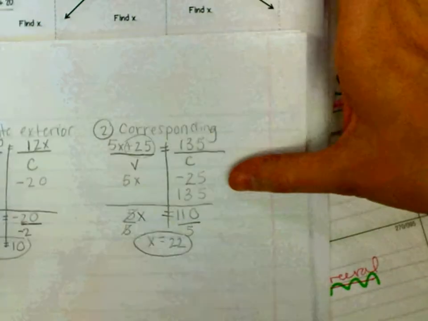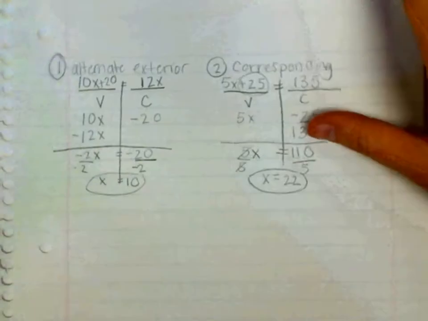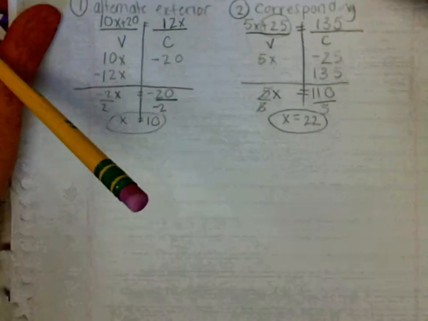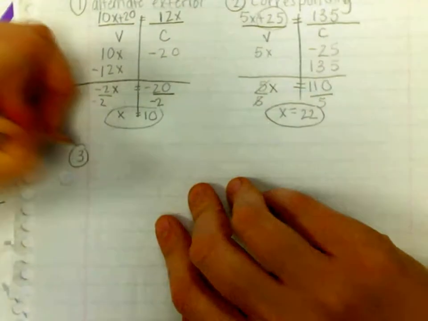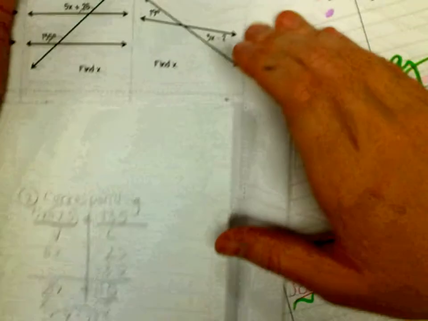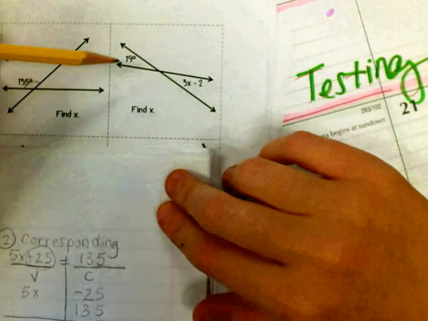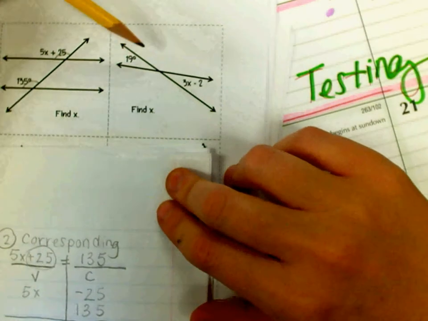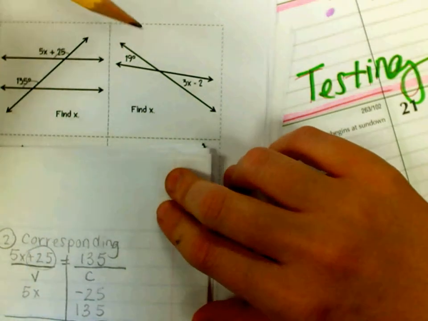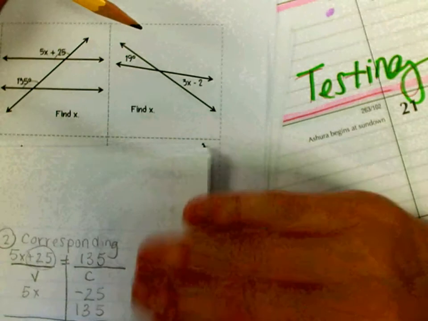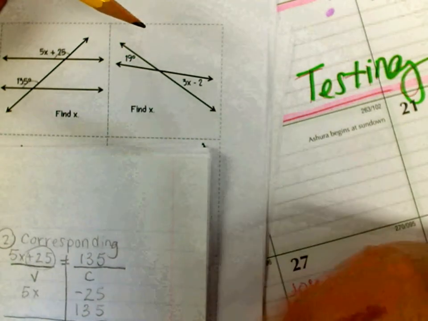Okay, moving on to number 3. The angle relationship in number 3, remember I said in class, if there aren't parallel lines, it either has to be vertical or linear pair.